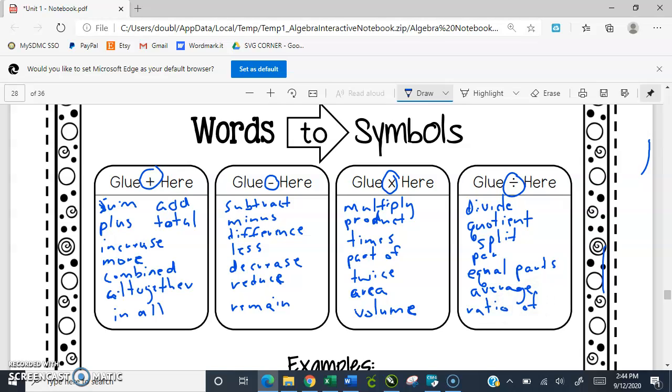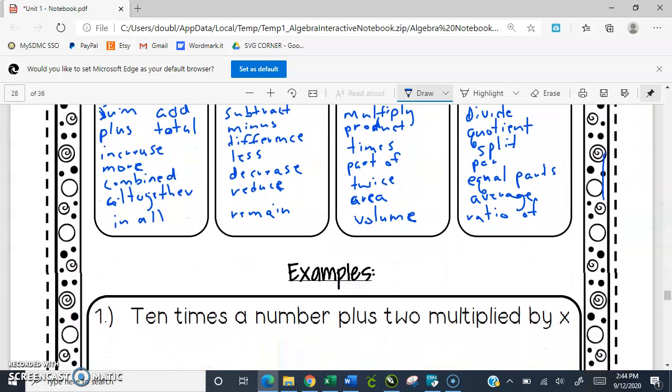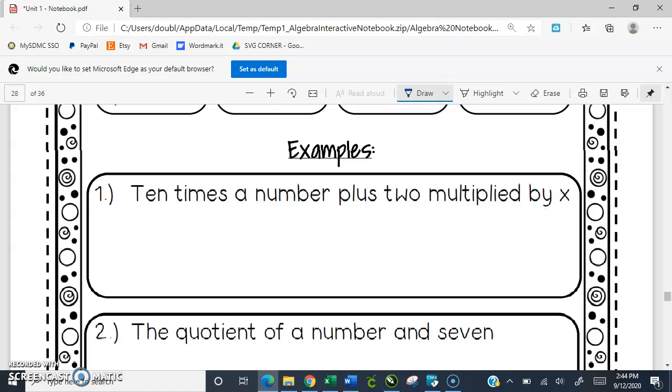Okay, so those are the key words that you hear when you have word problems. You need to turn it into an algebraic expression.